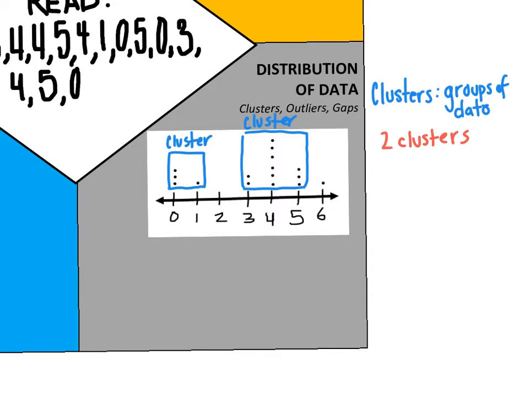The second thing we're going to talk about are outliers. Outliers. Make sure you have the title and everything written on your paper, so at any time if you need to pause, please feel free. Those outliers are usually the points that are at the end all by themselves, okay? Points at the end or beginning of the line plot.